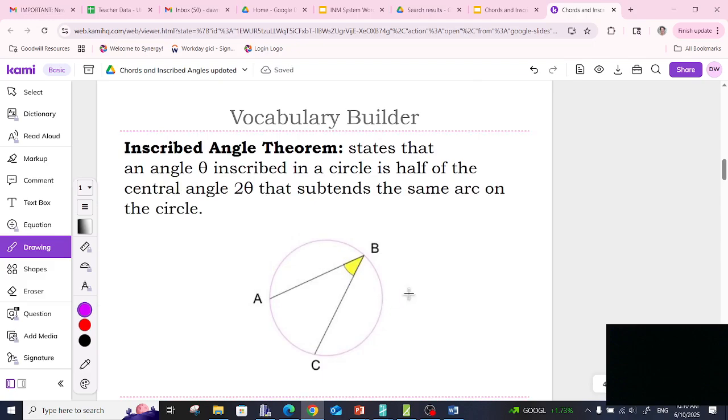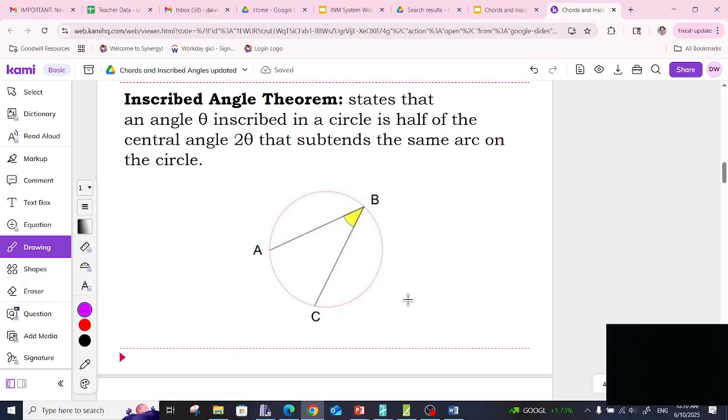And then the definition, even though we drew it, did we draw it on our piece of paper? The inscribed angle theorem states that an angle theta inscribed in a circle is half of the central angle, 2 theta, that subtends the same arc.